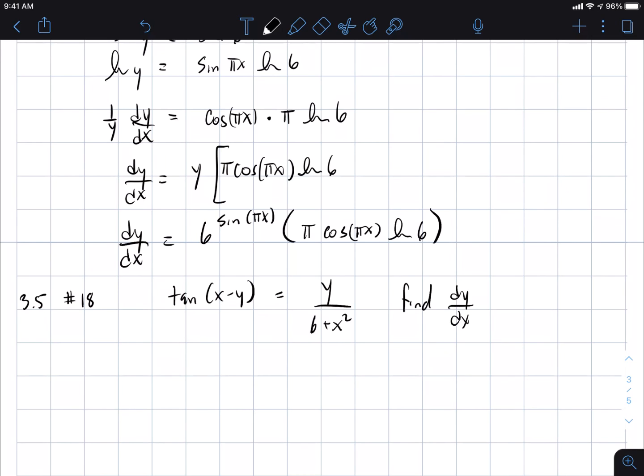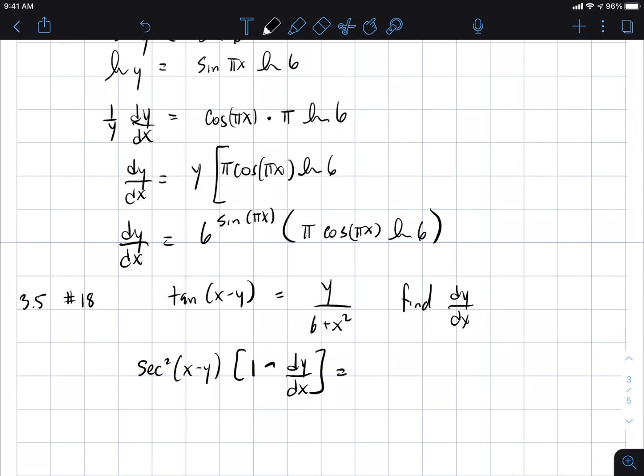So, I'm going to take the derivative of tangent, and the derivative of tangent is secant squared x minus y. And then the inside piece, the derivative of x is 1, minus the derivative of y is dy dx. And then on the other side, I need to do the quotient rule.